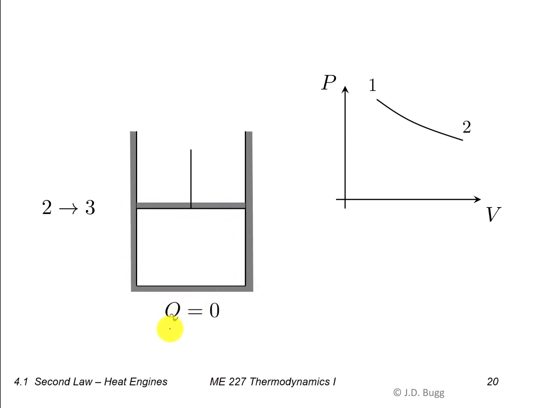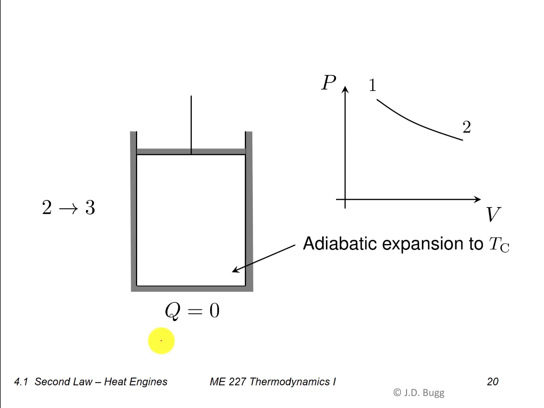So the difference between our first process and this one is this is now an adiabatic process. No heat transfer. If we continue to expand this gas and don't allow any heat transfer, then the temperature is going to decrease. So this is an adiabatic expansion to a new temperature, Tc.